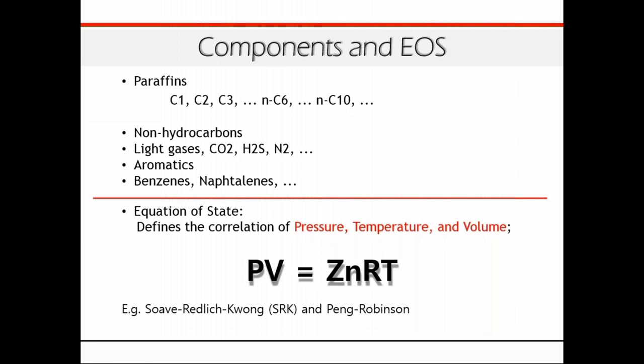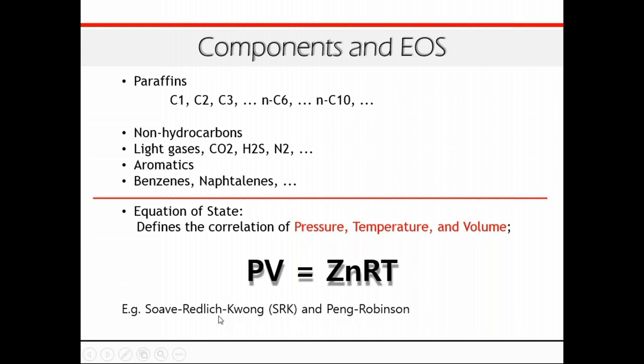But the product of the pressure and volume is directly proportional to the temperature, where we have this constant, and n is the mole ratio. These are constants Z and R. So we have PV equals ZnRT. It's this equation that describes the equation of state.